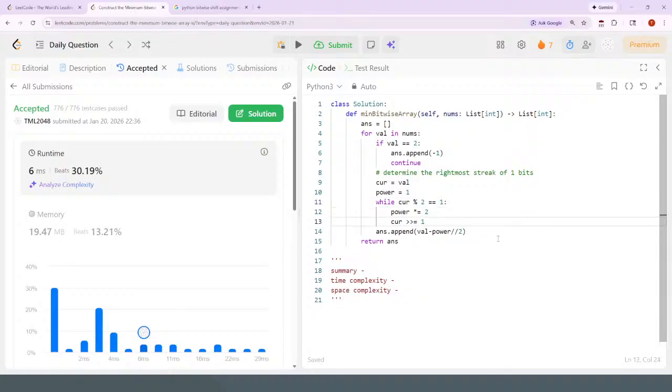Okay. Value minus power divided by 2. Power times equals 2.